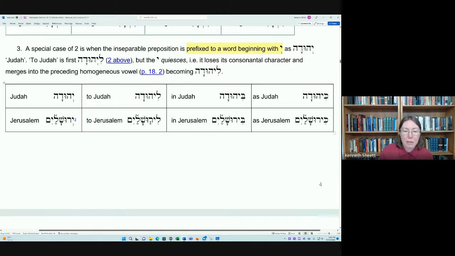And then the yod loses its consonantal character and joins together with the hireq to form the hireq yod. And so we get Lirushalayim, which would be to Jerusalem. Then Birushalayim, same process, in Jerusalem. And then Kirushalayim, as Jerusalem.